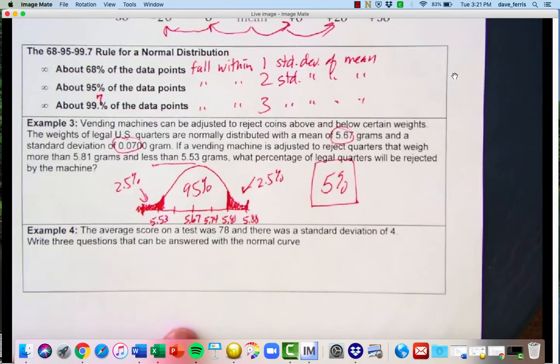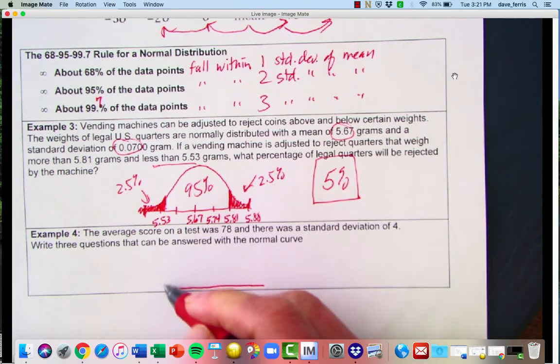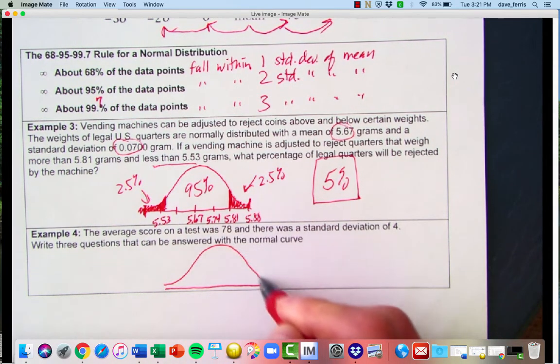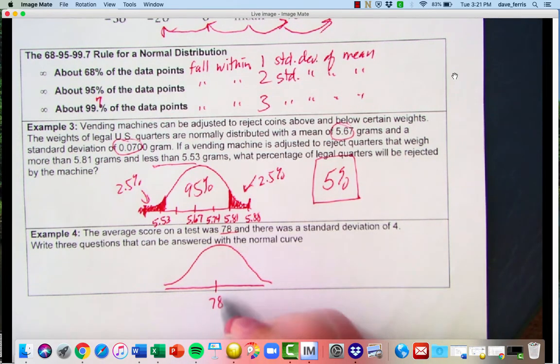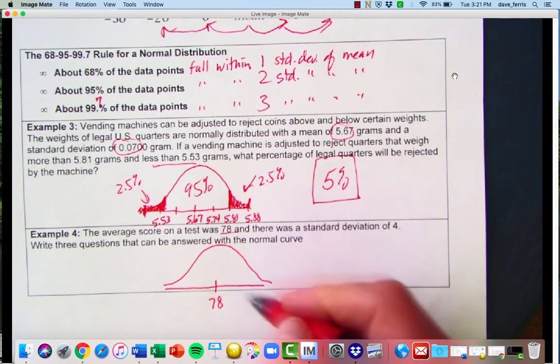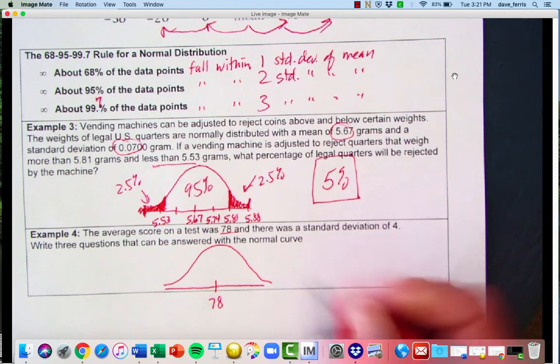And one final question. This is going to be kind of what your homework is going to be on and your first quiz. So if we do another normal distribution, this time the average is 78, so we stick 78 in the middle. And if we go out, I think what they're wanting is just to write some questions.